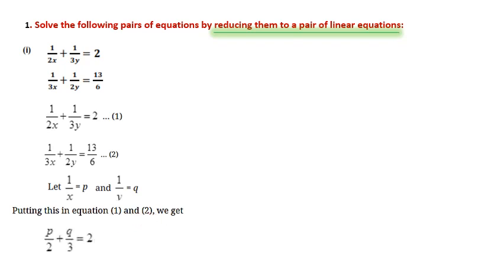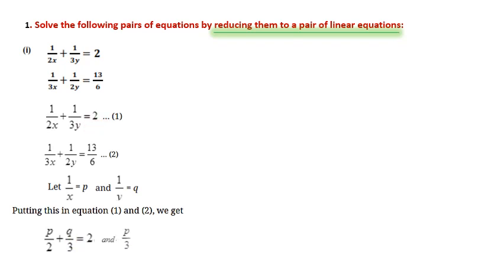Equation number 1, if you take this 1 by x is changed to p, that is now p by 2. 2 we didn't substitute anything, 2 remains same, p by 2 plus this 1 by y will change to q according to our substitution, that is q by 3, denominator is 3, q by 3 equal to 2.